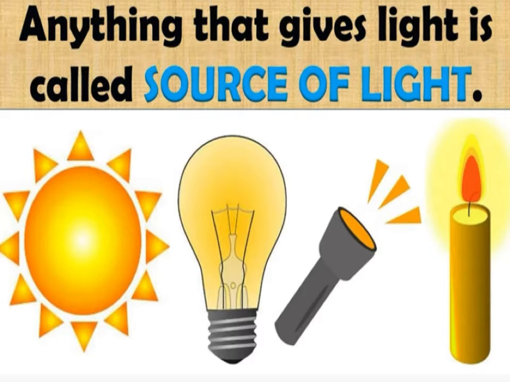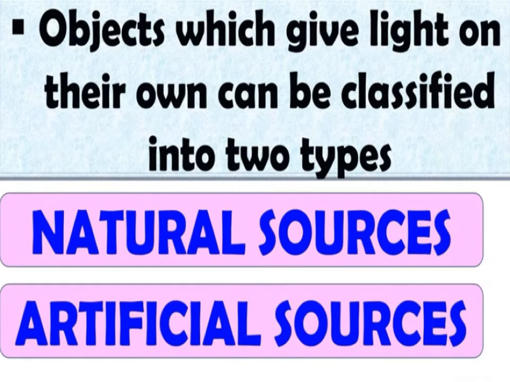Anything that gives out light is called source of light. For example, sun, bulb, torch, candle, etc. Objects which give light on their own can be classified into two types: natural sources and artificial sources.